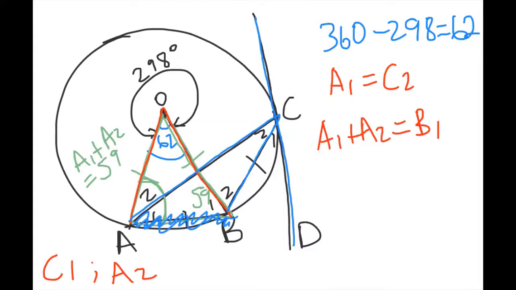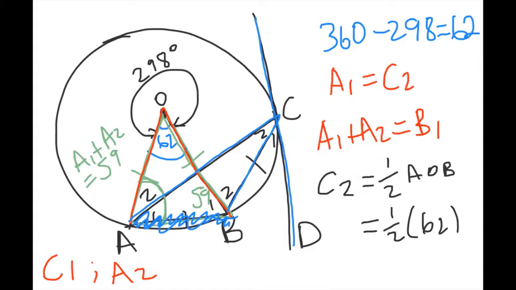So this arc AB supports that angle at the center and that angle at the circumference. So if you have something like that, then usually you say, for example, C2 will be half of that angle AOB, and AOB equals 62. So that means C2 will equal 31.